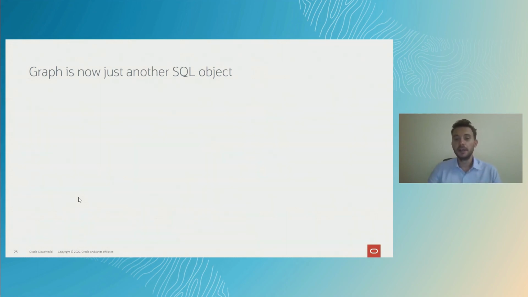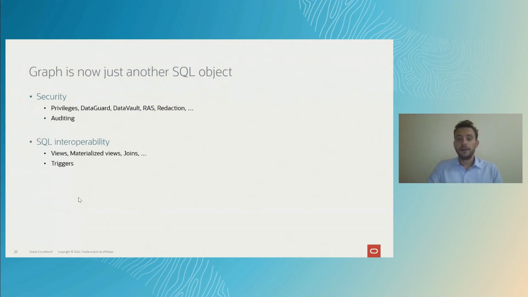It basically means that all the security features of the database are available out of the box on graphs. So you can define privileges, you can define Data Guard Redaction, Data Vault, you can audit graph objects. All these features are available out of the box. So all the security umbrella of the database will work for graphs. They are interoperable, like I said before, with SQL, so you can join them with other tables.